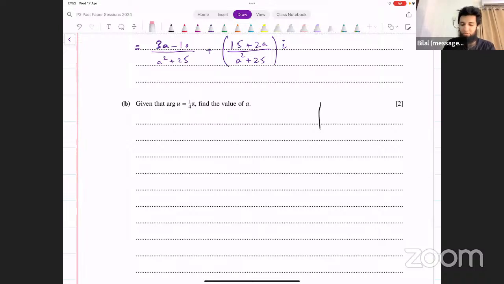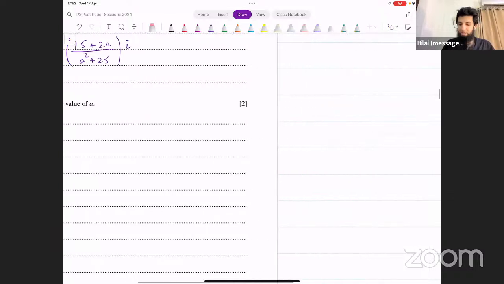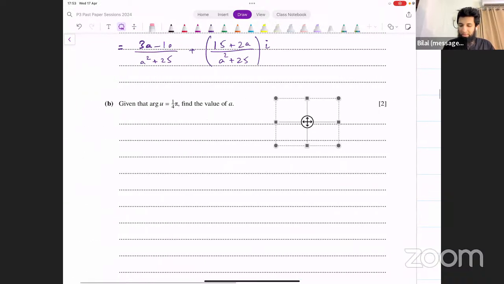Which quadrant is it going to be in? Let's think about that. Pi over 4, that's 45 degrees. So if you had an Argand diagram, this point would be in the first quadrant. Okay, it's going to be in the first quadrant here. Pi over 4, that's 45 degrees. It's going to be here.